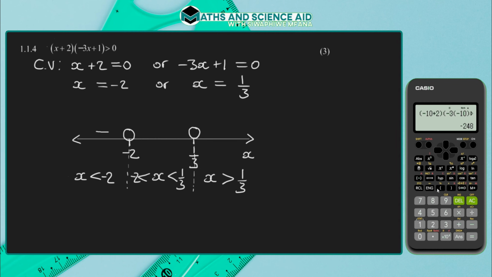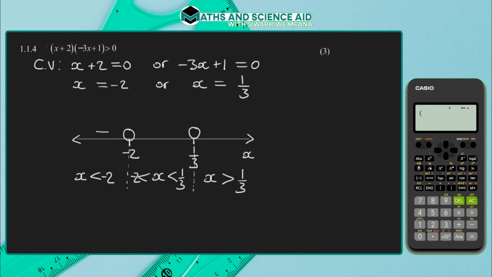In fact, to show you that it doesn't matter which value you use, let's use another value, like for instance -4, because -4 is also less than -2.